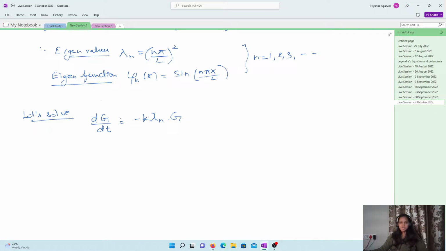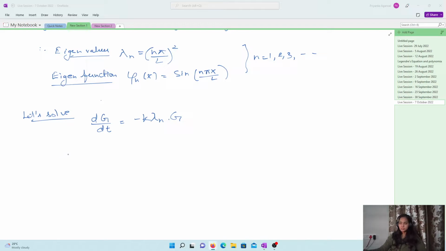We will, however, now use lambda n to remind us that we actually have an infinite number of possible values here, because lambda n has infinite possible values.